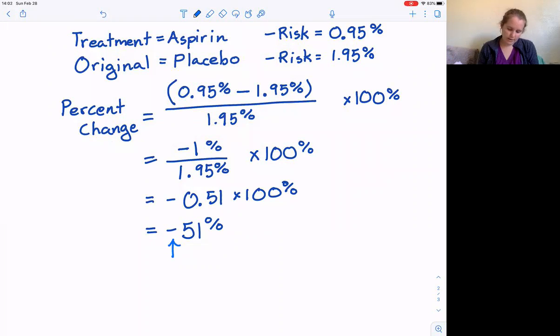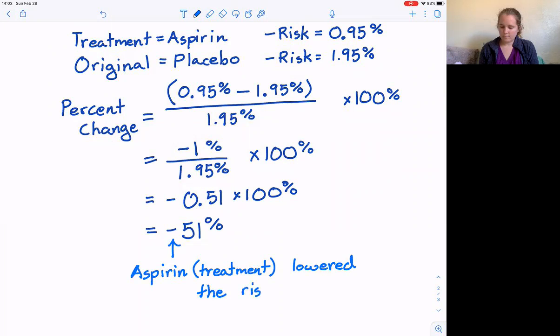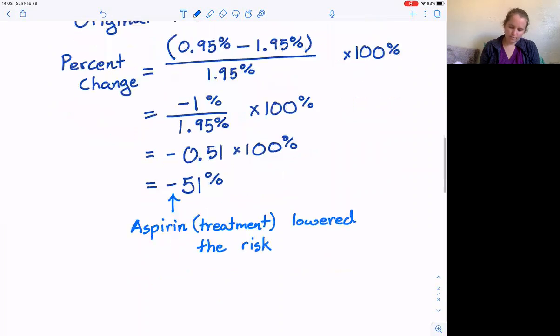So this tells us that aspirin, or treatment, lowered the risk. And it lowered it by 51%. So essentially, it cut the risk in half.